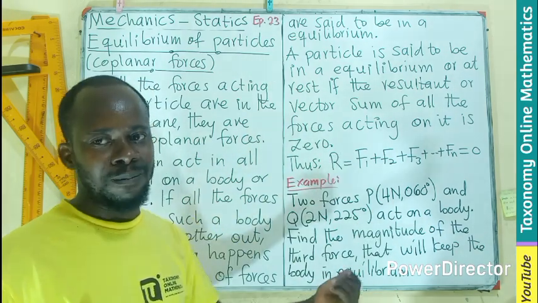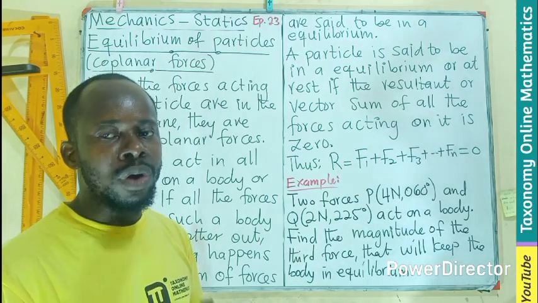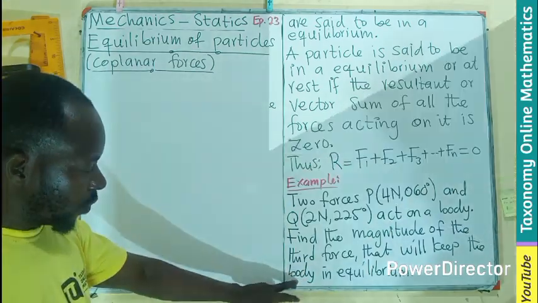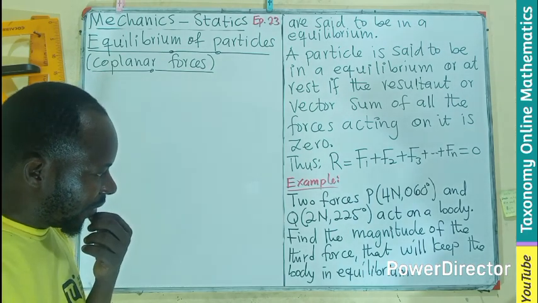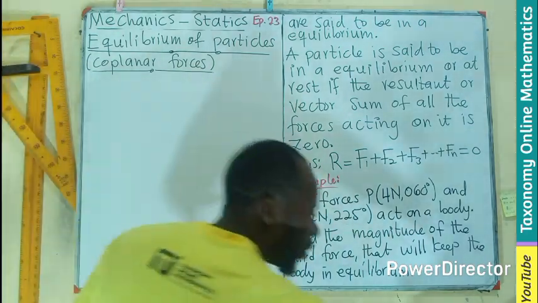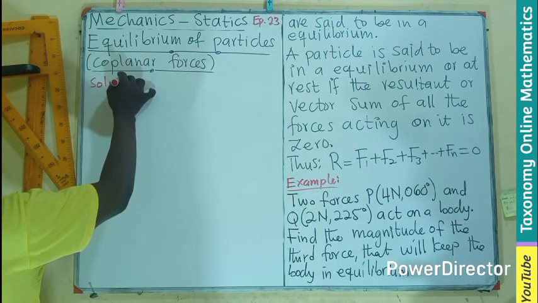So what do we add to these two forces that will make their resultant zero? That is the concept we are coming to employ. All right, so from here, let me write the solution to distinguish the title. So we have solution.